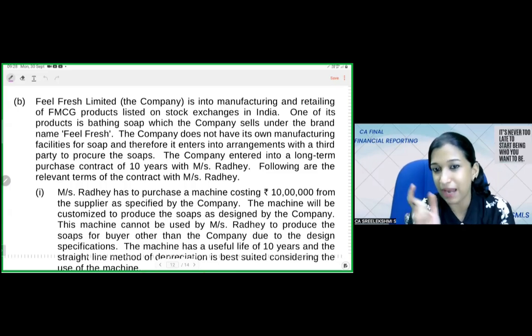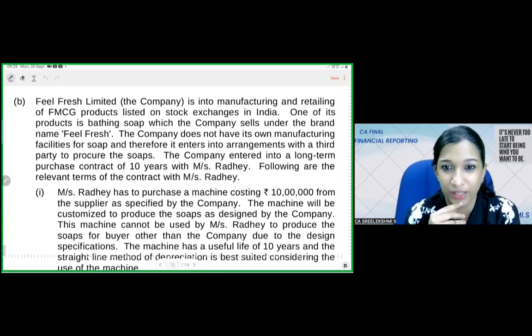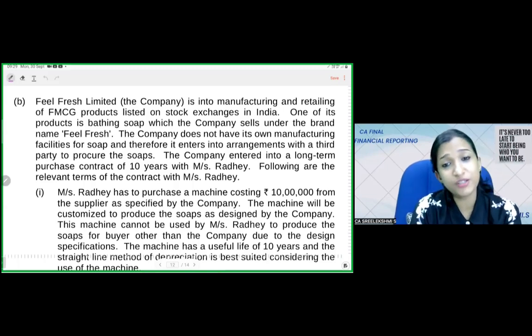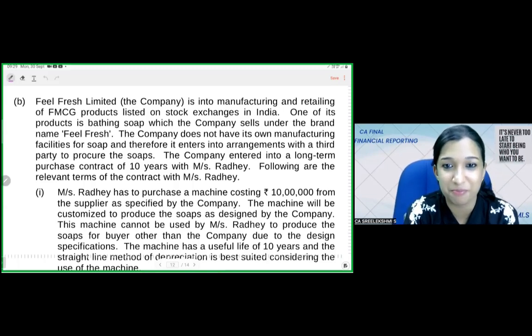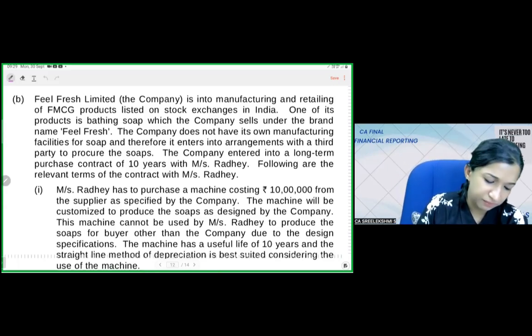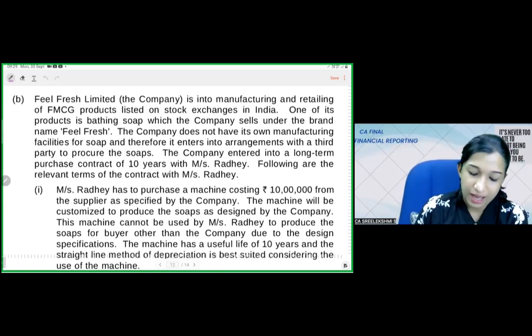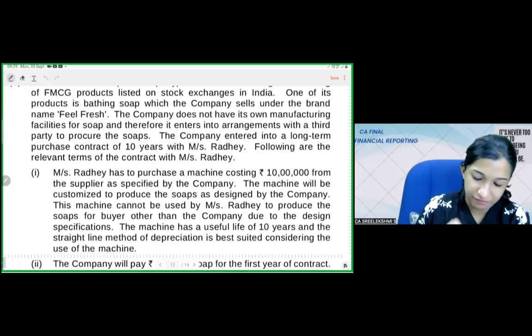When we see a brand name, we feel they manufacture the soap, so the quality will be good. But all the soaps may be manufactured in one place, and only the labeling is done by the companies. So the company does not have its own manufacturing facilities. It will procure the soaps and sell them under the brand name Feel Fresh.